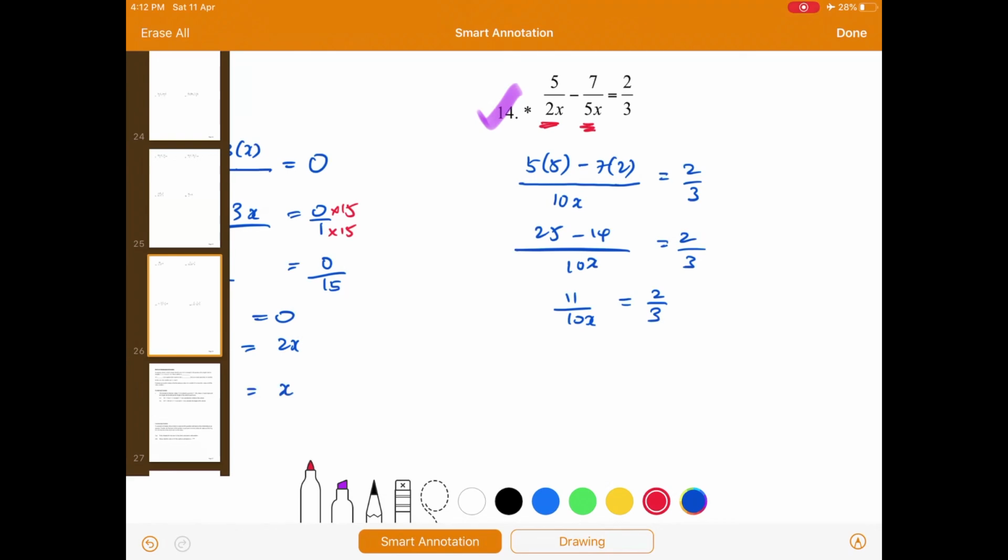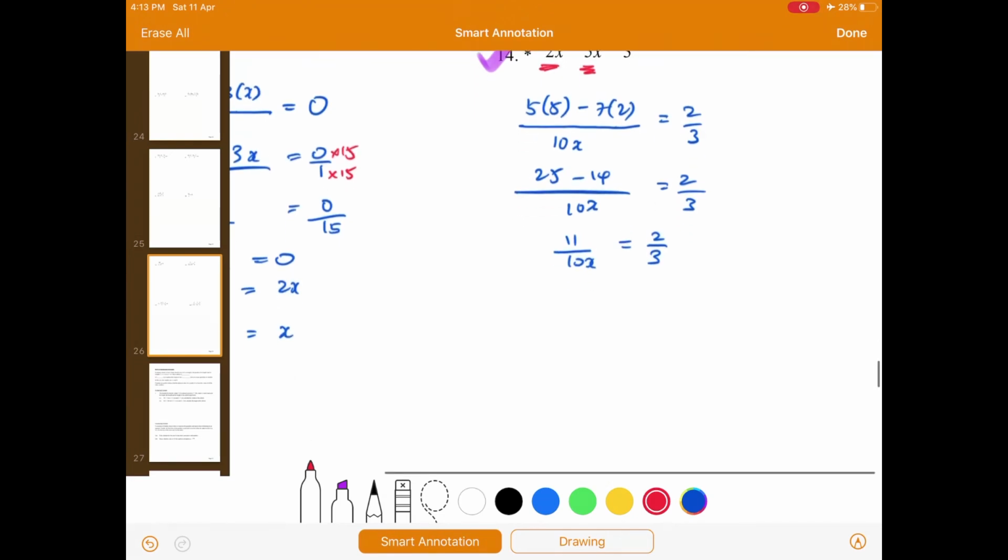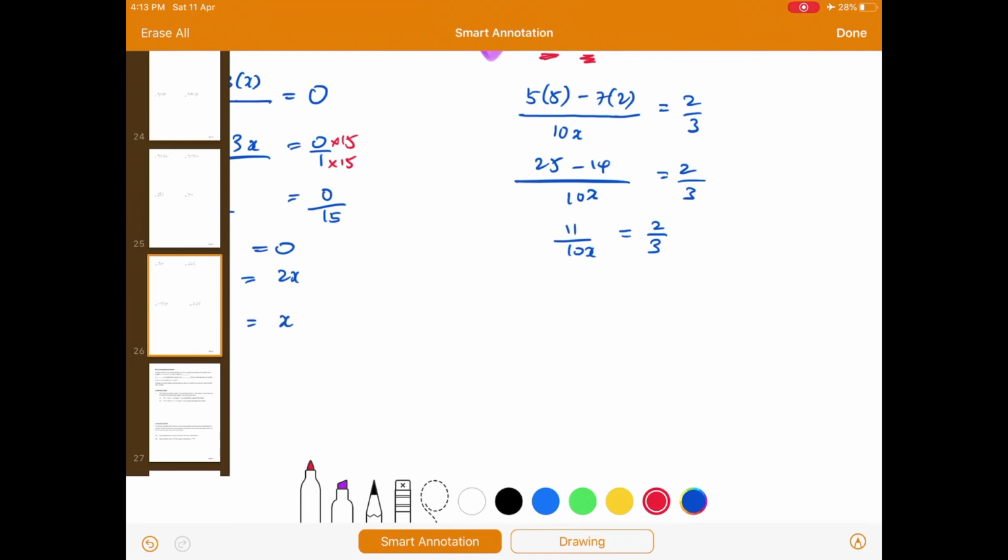At this stage, we want these two fractions again, one on the left and one on the right. We want these two fractions to have the same denominator. The lowest common multiple of 3 and 10x is 30x. So in order to get 30x, on the left hand side, you need to multiply by 3 for the numerator and denominator. On the right hand side, you have to multiply by 10x for the numerator and denominator. So we get on the left hand side 33 over 30x.